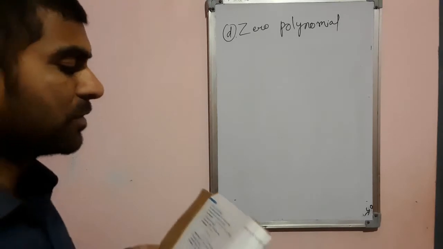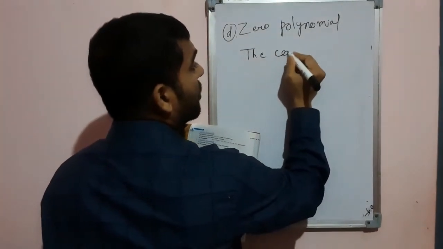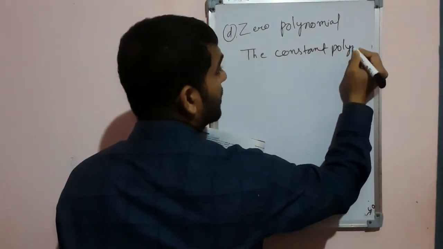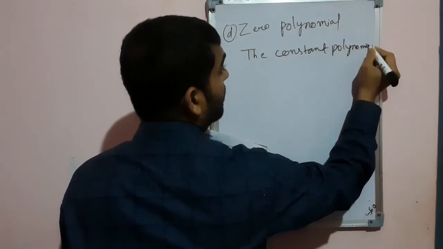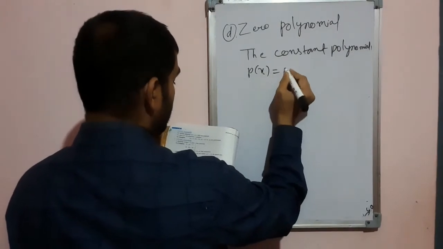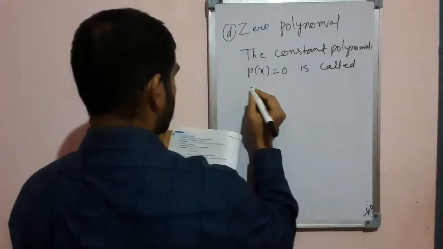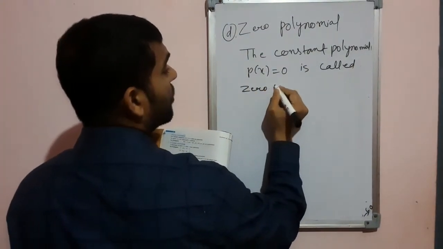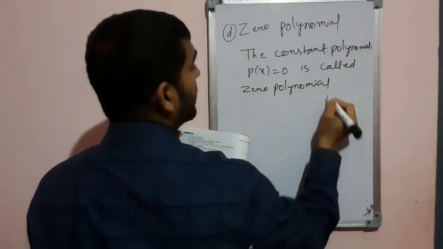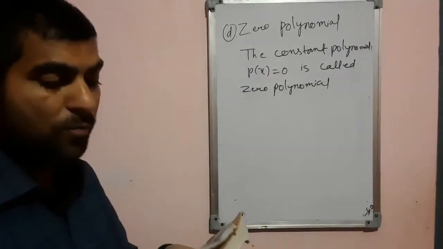The constant polynomial p(x) equal to 0 is called the zero polynomial. So if any polynomial we have is equal to 0, it is called a zero polynomial.